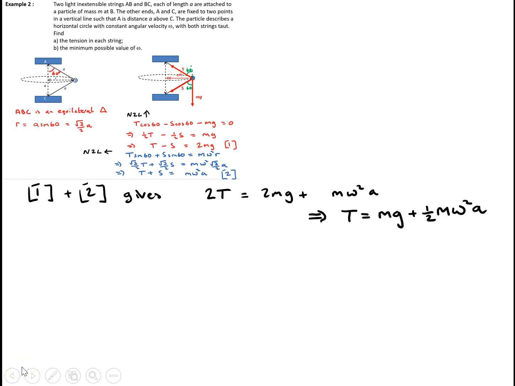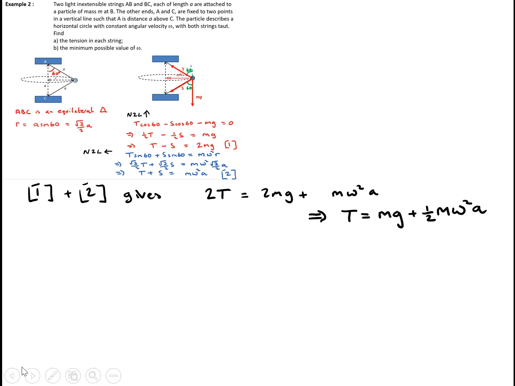If we add the two equations, we get 2T equals 2mg plus m omega squared a. Dividing by 2 gives us T equals mg plus a half m omega squared a.